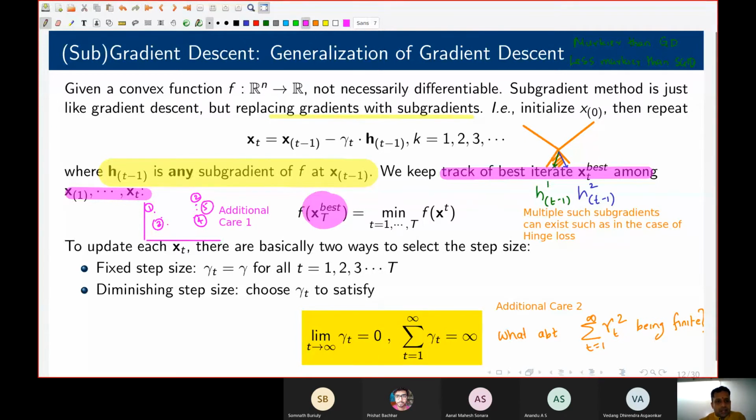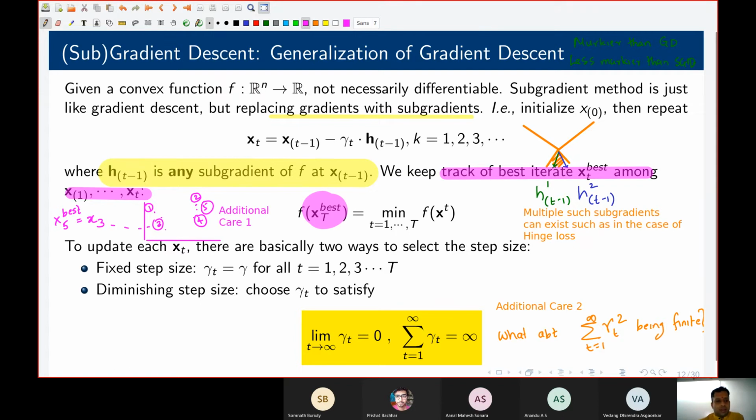So the best in this case is going to be this one, x5 best. Up to 5 iterations, the x5 best is what? x3. Is this clear?